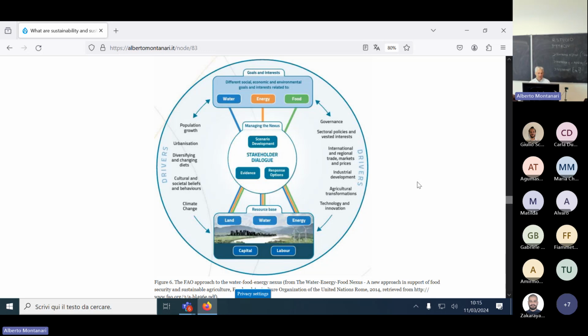And these are strictly related because the state of water resources depends largely on irrigation, which is the main use. So the main use of water at the global level, 70% of the fresh water that we use, is dedicated to irrigation. And irrigation means food production.